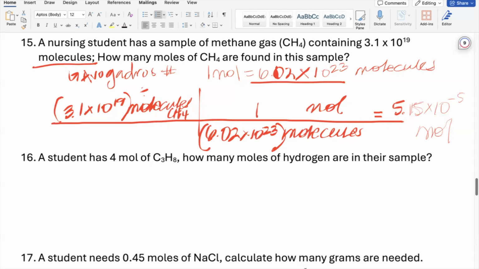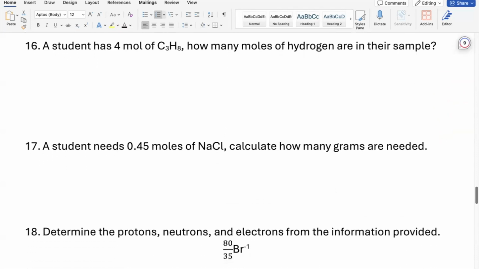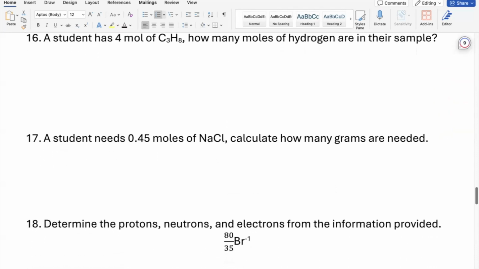All right, 16. This is one of my favorites. Okay, so students, this one kind of stumps students, but let me tell you what to look for here. So a student has 4 moles of C3H8. How many moles of hydrogen are in their sample? So we're going from moles to moles.